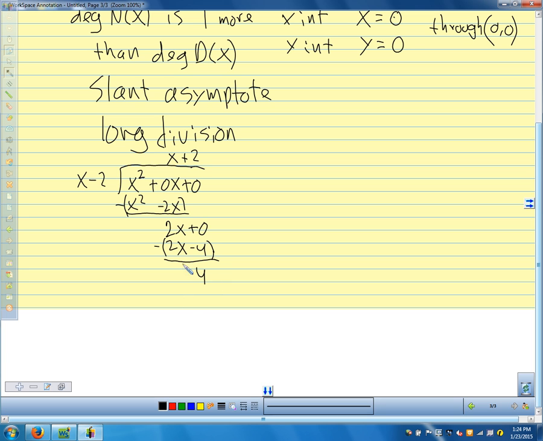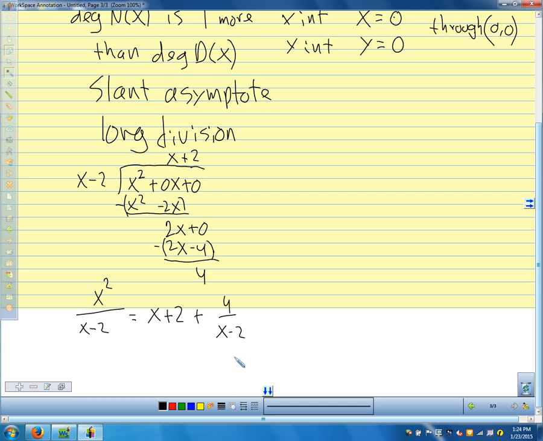So this tells me that x squared over x minus 2 equals x plus 2 plus 4 over x minus 2. As x gets really, really big, what's going to happen to this fraction? If I divide by a really big number, it gets smaller and smaller.